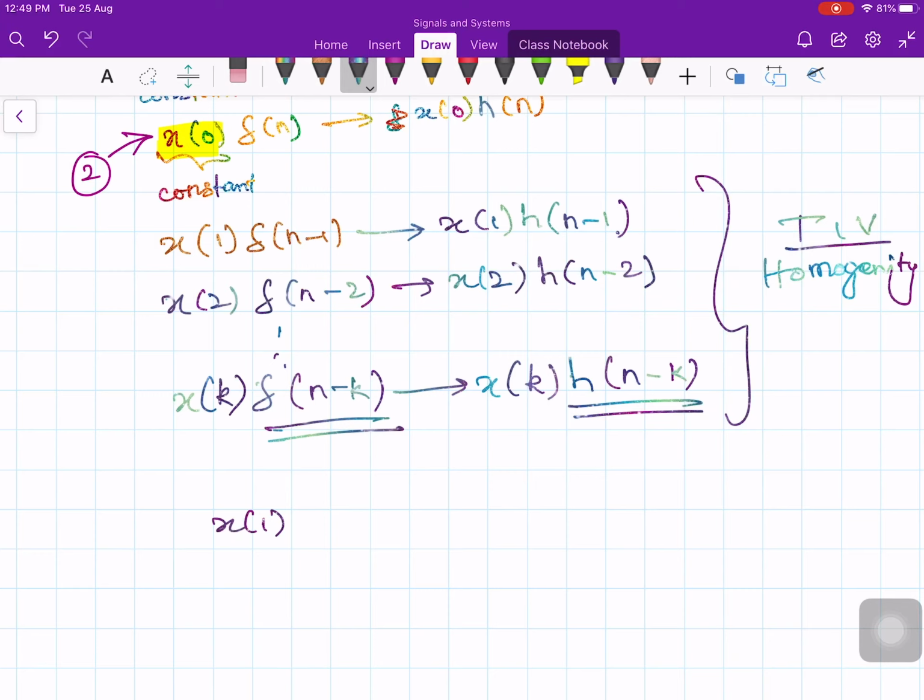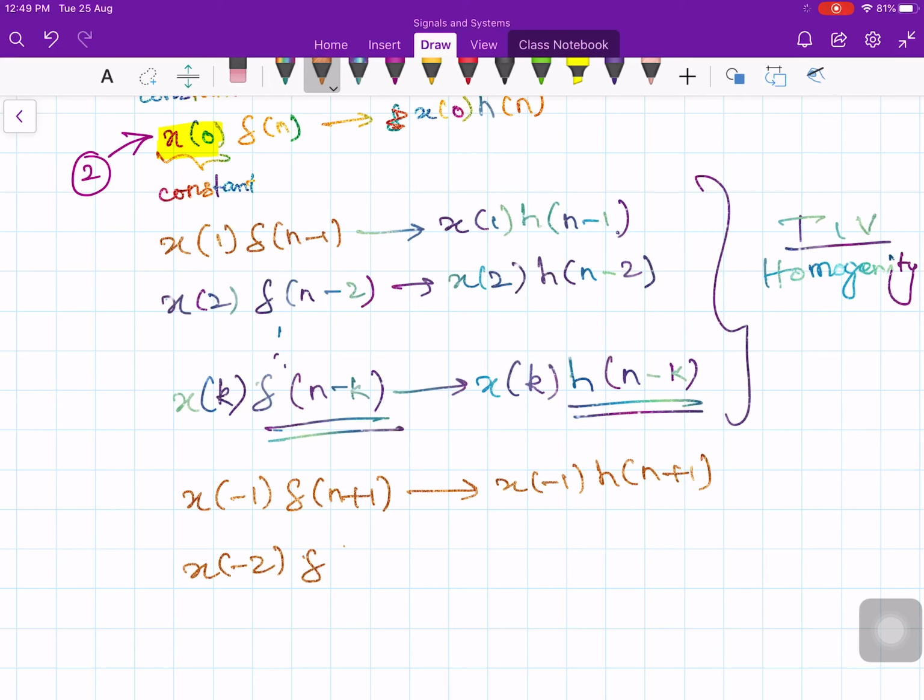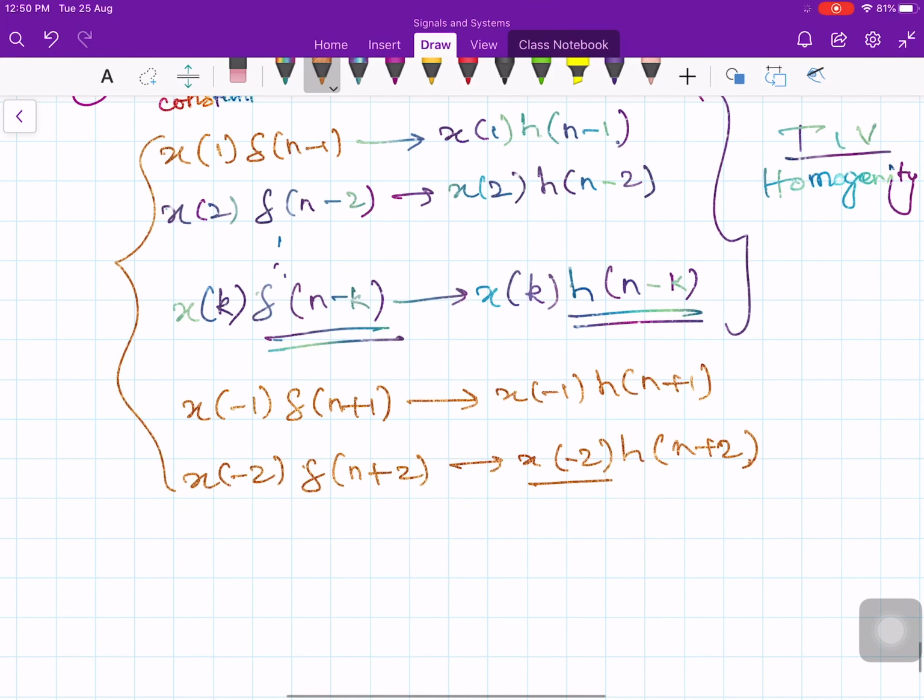Maybe I will write down some more samples for completeness. x of minus 1 times del of n plus 1 gives rise to x of minus 1 h of n plus 1, x of minus 2 del of n plus 2 gives rise to x of minus 2, the same constant, and the impulse response is h of n plus 2, like this. Now you add all these things in the left hand side, the same thing will happen in the right hand side also, like your superposition principle.